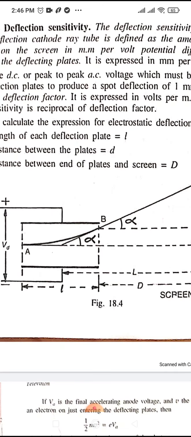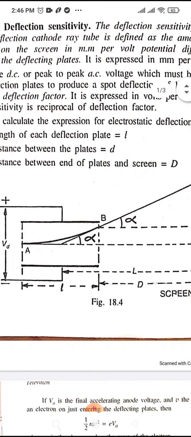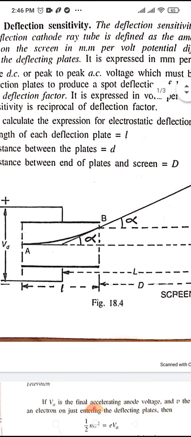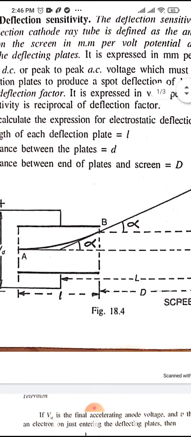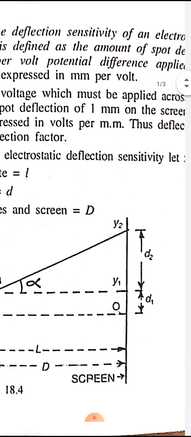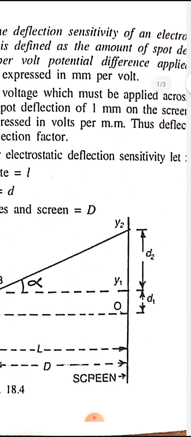After emerging from the plates, the electron beam moves in a straight path, making an angle alpha with the original direction and meets the screen at y2, as I have shown in this diagram.